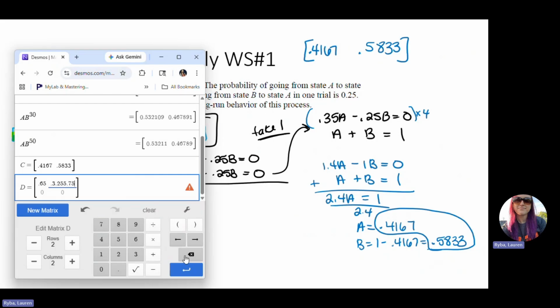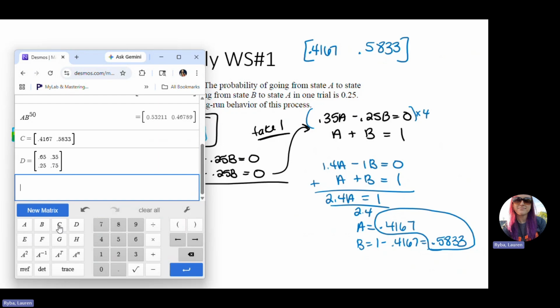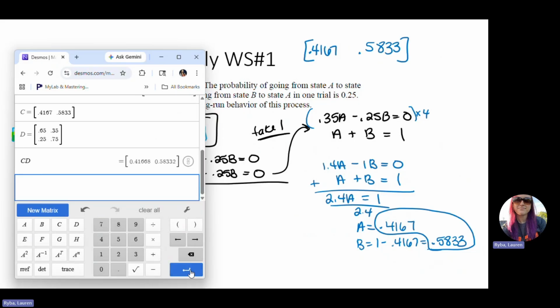Oh my goodness. There we go. So if I multiply those together, is it still 0.4167 rounded and 0.5833 rounded? Yes, it is still the same answer.